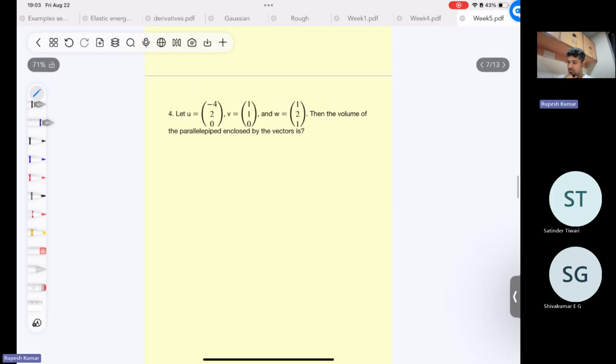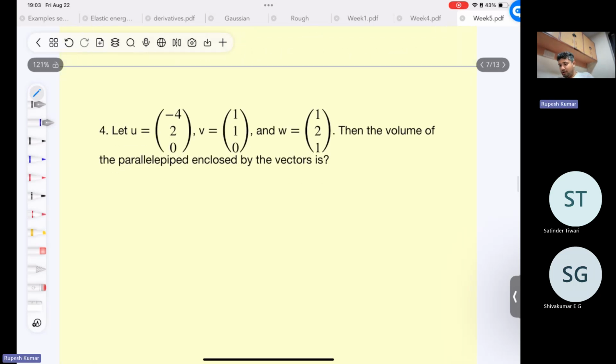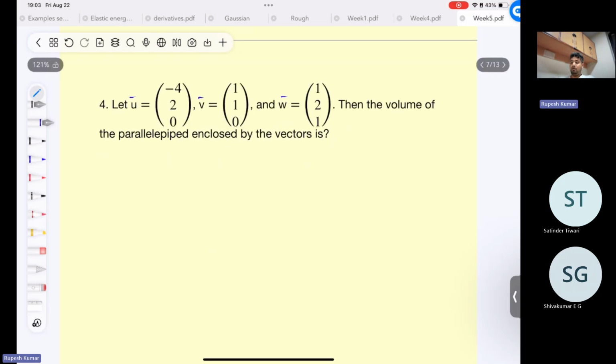Fine. So let's move on to the next question. Let's say we have three vectors: vector u, vector v, and vector w. The question is, what is the volume of the parallelepiped enclosed by the vectors? Again, this has been covered in the class lecture itself, and we know the solution is essentially u dot product with v cross w, right?